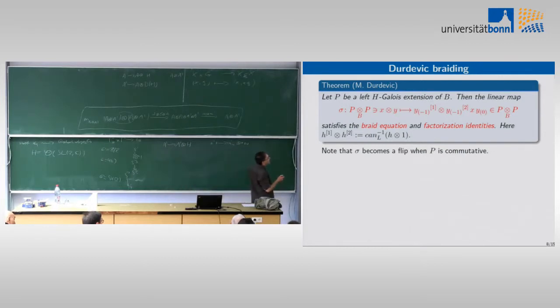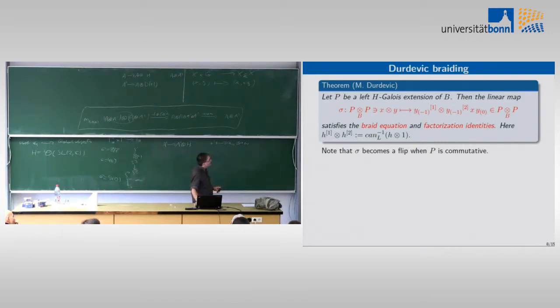And he wrote this formula, and then he proved that it actually satisfies the braid equation, and is also a factorization. So you really have a braiding when you look at it. And okay, it's not extremely difficult to prove, but it's definitely non-trivial. It definitely requires some sweat to check that all these braid equations hold and are satisfied.